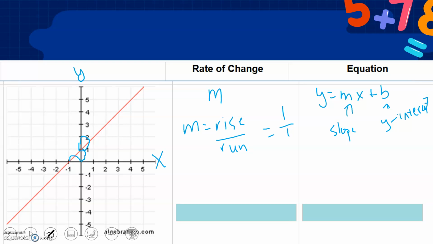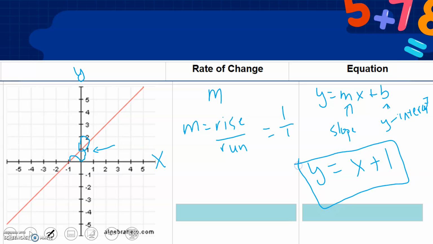So our equation would now be y equals, since it's 1 over 1, we will have this as x plus our b, which is our y-intercept, here, which is 1. So this will be our final equation.